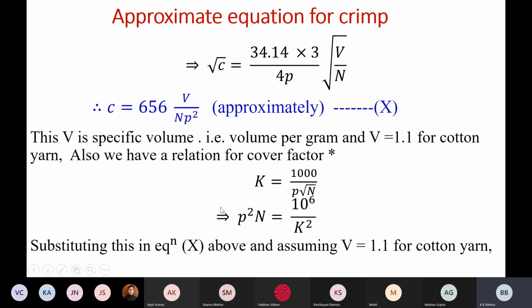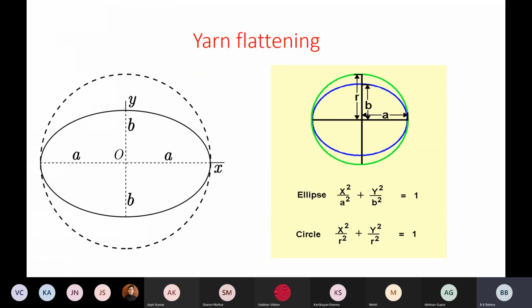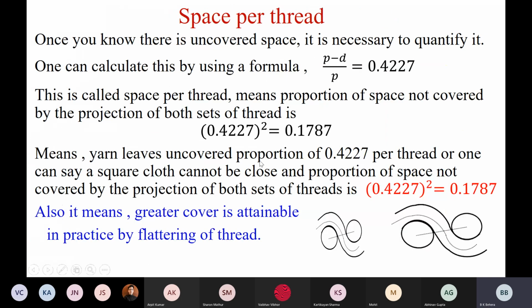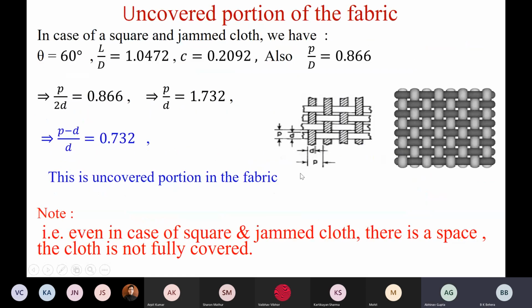So you cannot exactly show on the fabric surface what is P minus D upon P. But you know what P is here, and you know what D is here. So P minus D over P. For right now, P minus D is only this much.